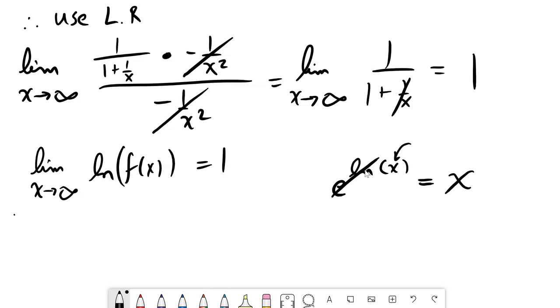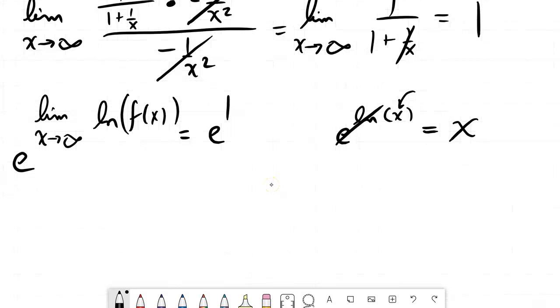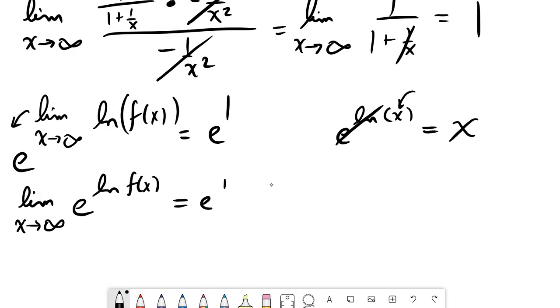If we have base e for both of these terms, so I'm just going to move this over here, we essentially can cancel out the natural log and find the limit, right? We can bring the limit outside because it's a limit law that is basically proven. So it's just like this, equals e to the first.